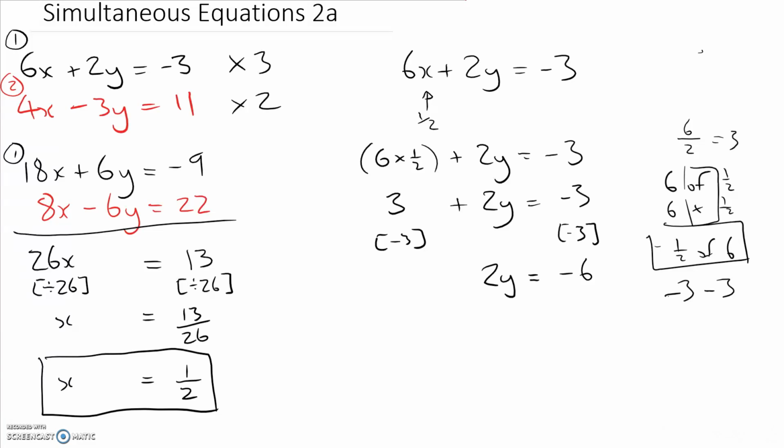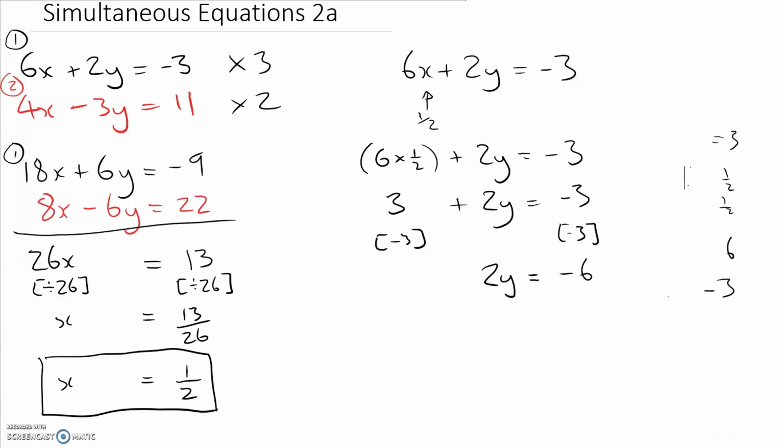So again, if you're not sure, number line, 0. We've already got negative 3, down here. And then we've got to stick another negative 3 on, which takes me down to negative 6. So we've got 2y equals negative 6. What do we want to do? Let's clear some mess.